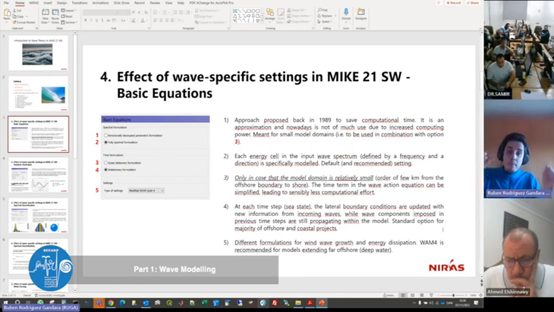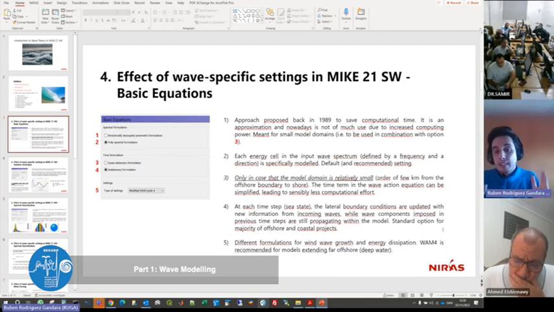But if you take that 1 meter wave and examine it in a water depth of 2 meters, you will see that the same wave at a different water depth goes into a different regime, which is shallow water. And that's what affects the speed of the waves, and that's what affects the transformation of the waves.